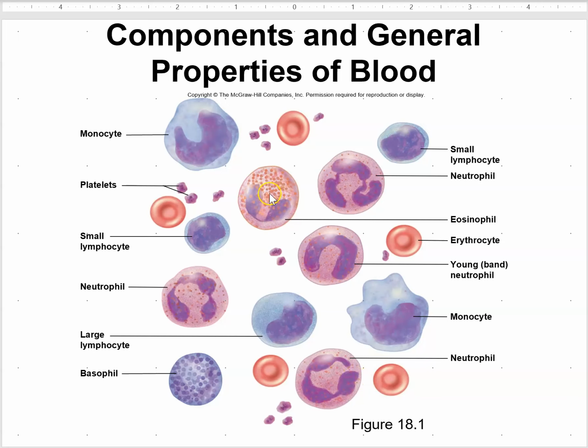All of these nucleated cells are white blood cells. And these little dust bunny-like structures you see floating around in the blood smear are actually platelets. Platelets are responsible for blood clot.